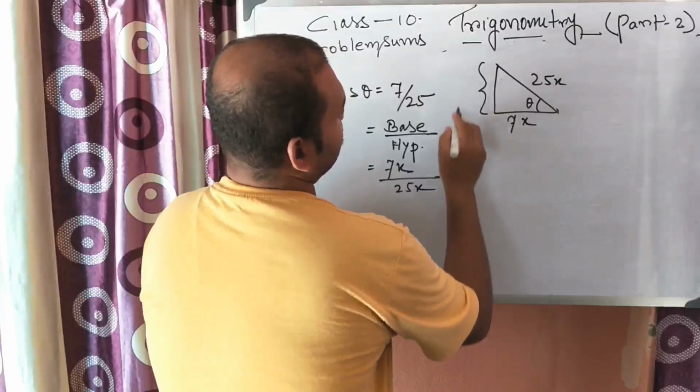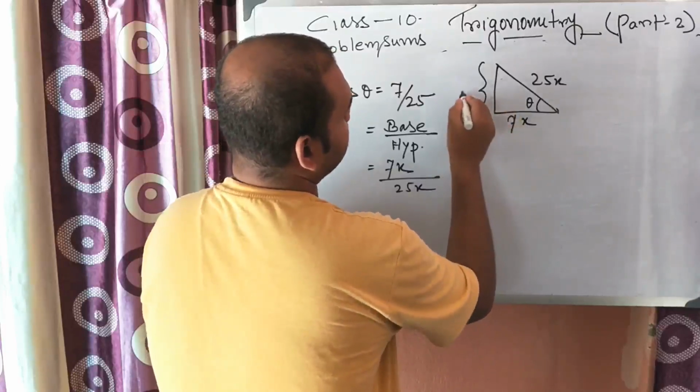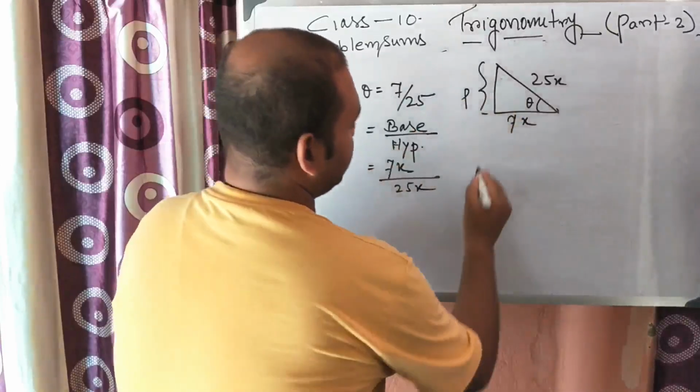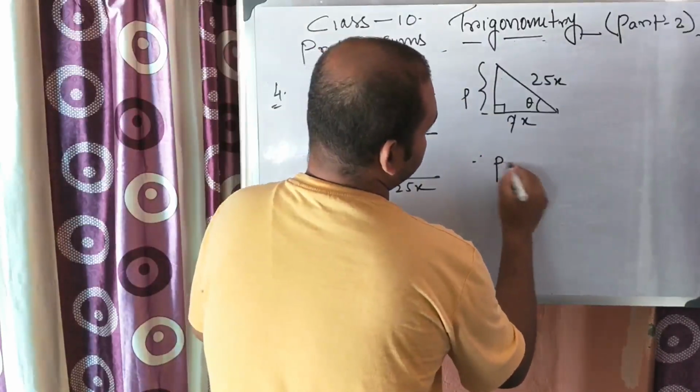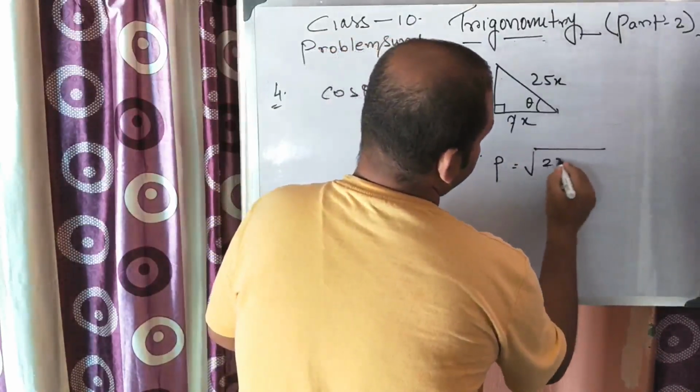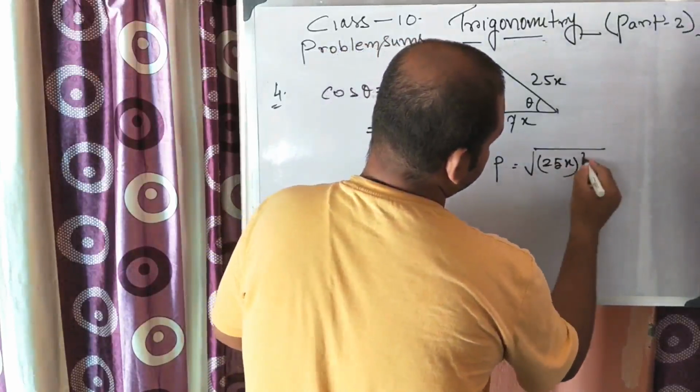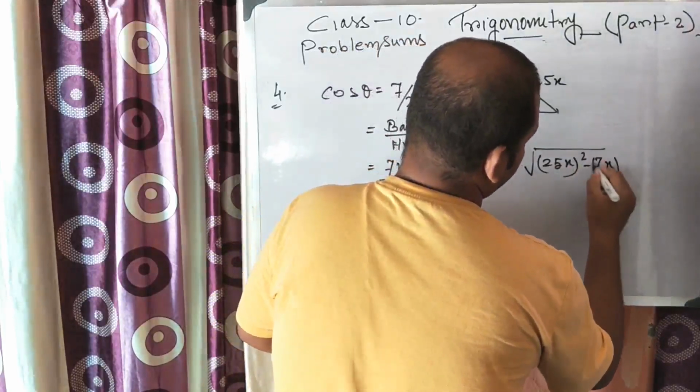Let this be P. Therefore, as it is a right angle triangle, P is equal to root over (25x) whole square minus (7x) whole square.